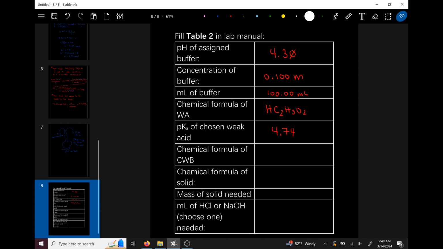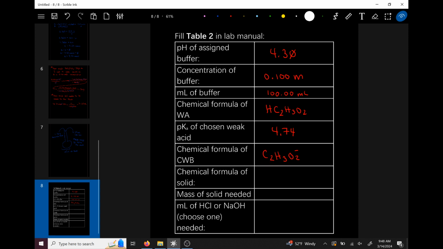Again, you want to choose a pKa that's really close to your assigned pH. The chemical formula of the conjugate base of this acid is just the acetate ion. So that's going to be C2H3O2 minus.